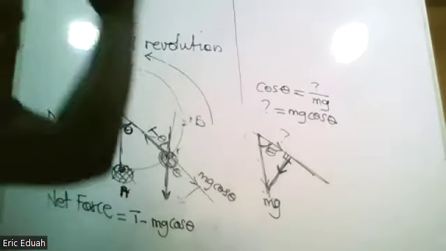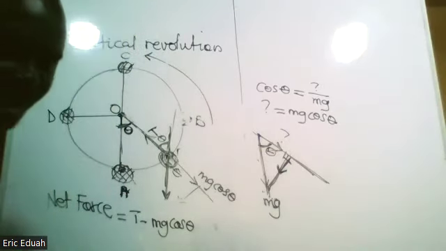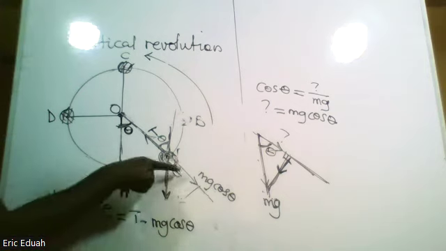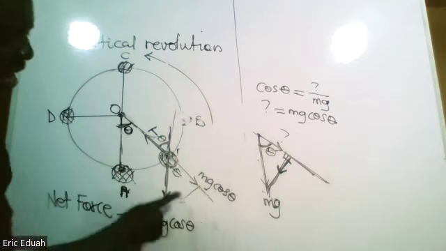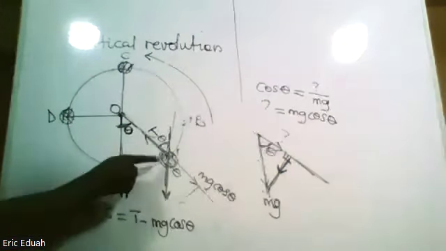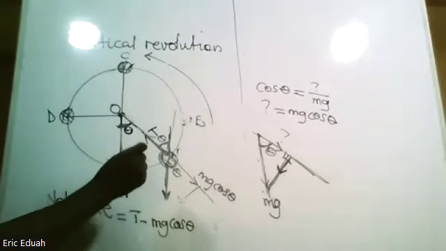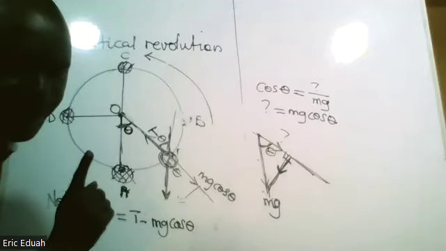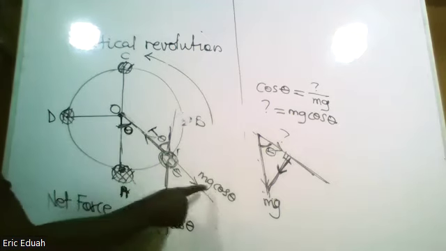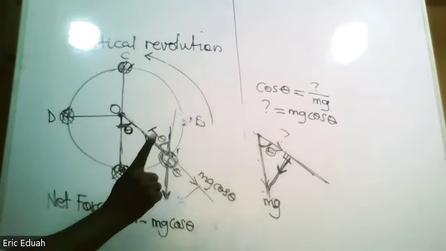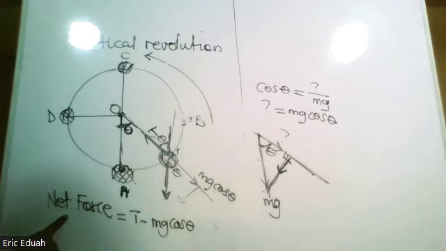Because this is greater, the thread will just break and you fall. So mg cos theta cannot be greater than T, else the body will not be able to stay within the circular path. It is T that must be greater than mg cos theta to give you the net. Please, am I clear here?